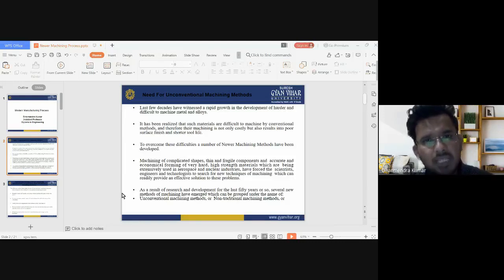It has been realized that such materials are difficult to machine by conventional methods, and therefore their machining is not only costly but also results in a poor surface finish and shorter tool life.